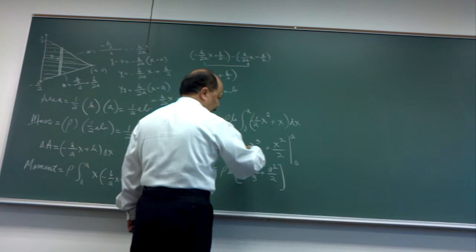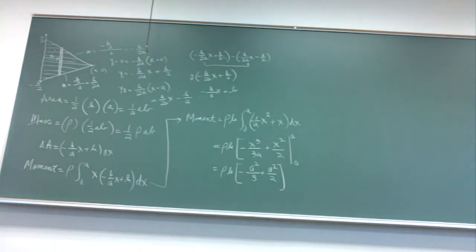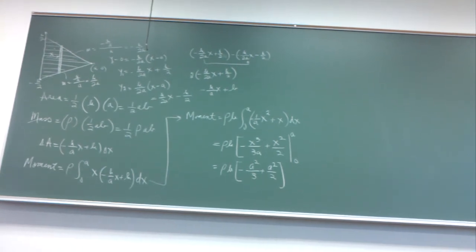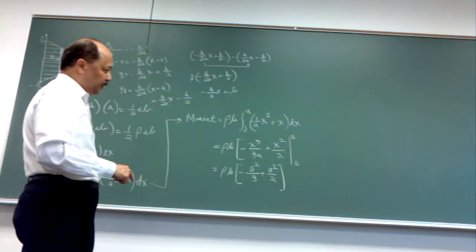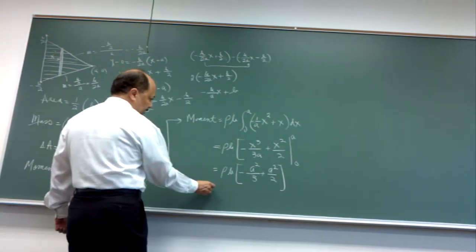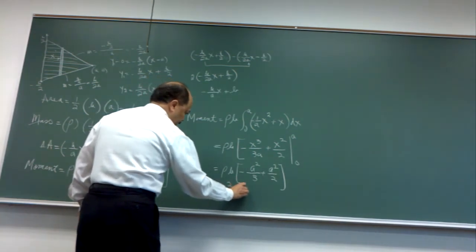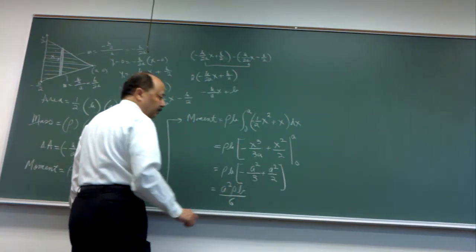And at the lower limit, it'll be 0 everywhere. And this gives us what? Negative 1/3 plus 1/2 is 1/6. So this gives us a squared rho b divided by 6.